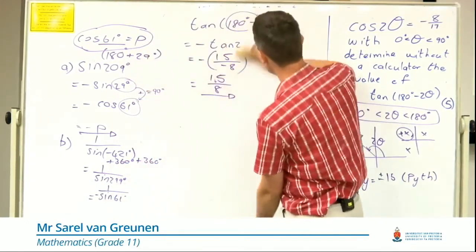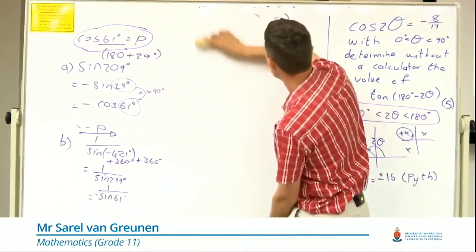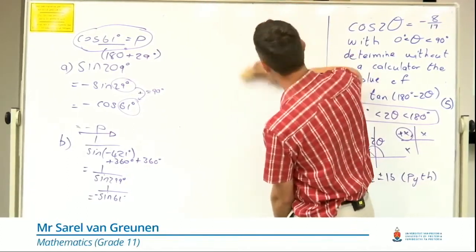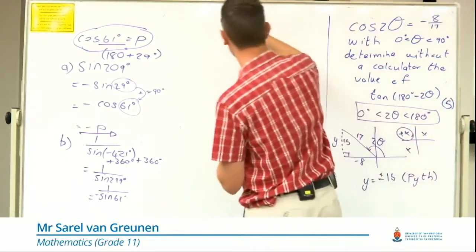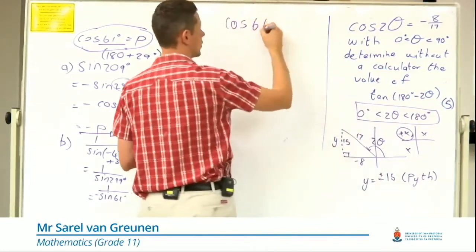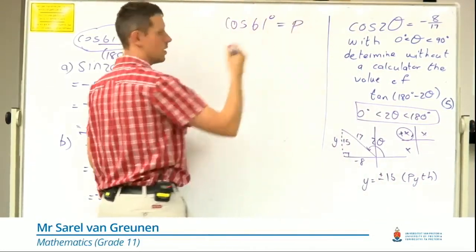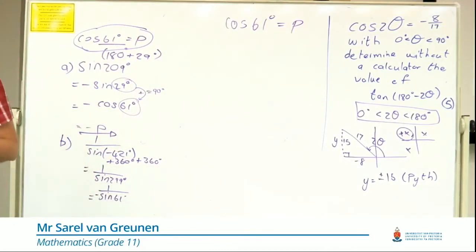Now, I know that this is some funky magic for some of you. That's fine. I'm going to have a look. Cos 61 equal to p. I'm going to try and manufacture a triangle. Do you see a triangle, sir? No. But I'm going to ask you, what is p divided by 1? p, you agree with me, right?